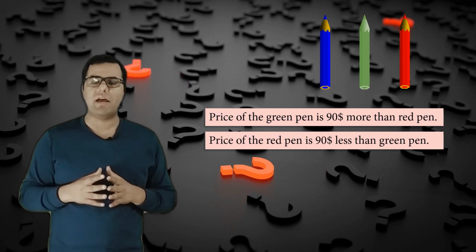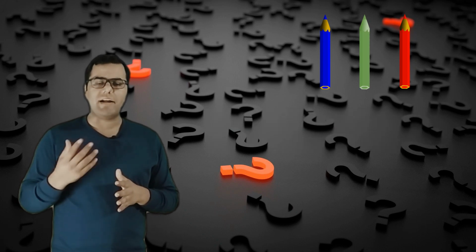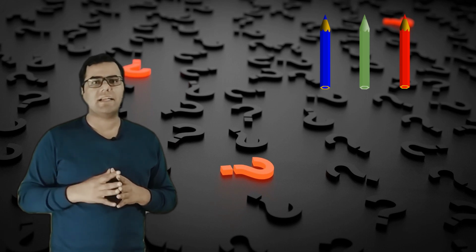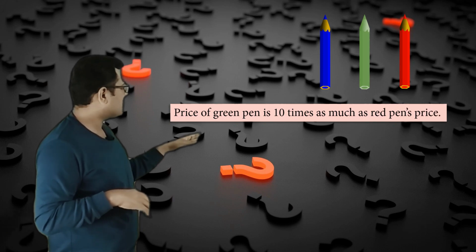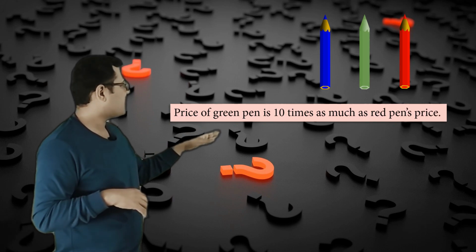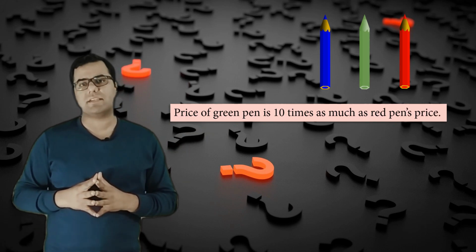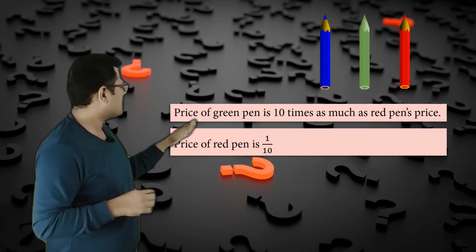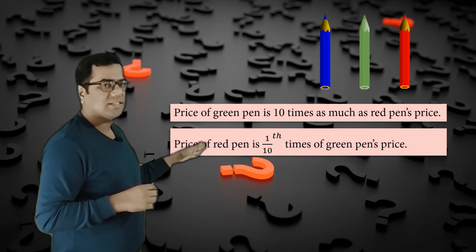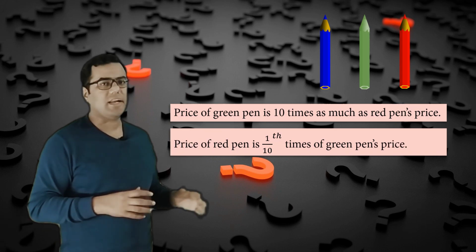However, there is a better way to compare them. What if I said that the price of the green pen is 10 times as much as the red pen's price, or that the price of the red pen is one tenth times that of the green pen.